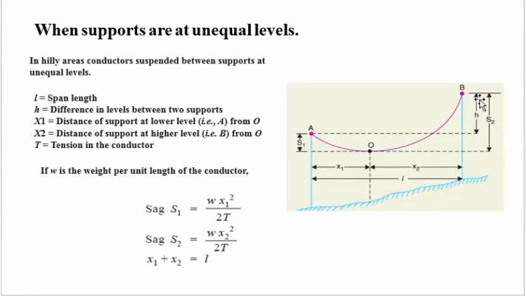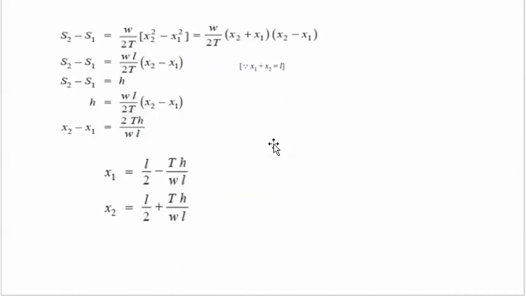In this figure, this H is the difference of S2 and S1, and we have to find this value of H. So H is equal to W into L divided by 2T into H2 minus H1, or H2 minus H1 is equal to 2TH divided by WL.